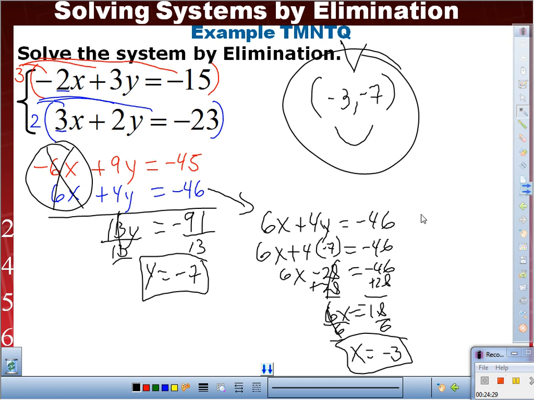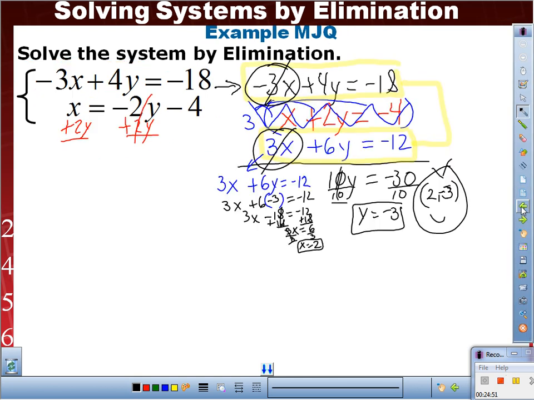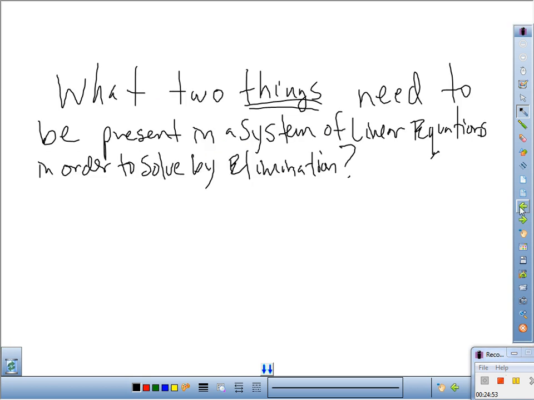Show me with your fingers how comfortable you are with these. Okay. So now, to finish off, yesterday's question was, what do I need to do to solve a system of equations by elimination? That was in your summary, right? Today's question was, what two things need to be present in a system of linear equations in order to solve by elimination?